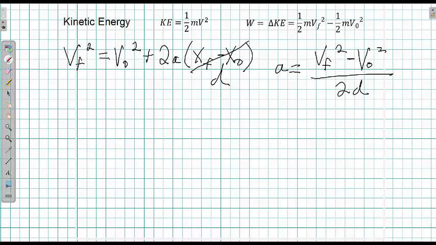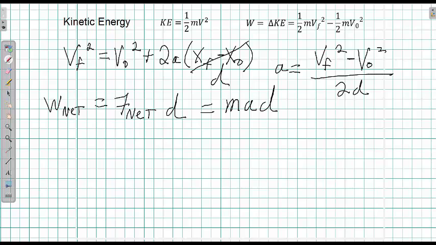Now we solved that for a reason, and we'll get to it very quickly. We're going to step back into yesterday, where we have our net work equals the net force times the distance. We can break that net force down into mass times acceleration, times our distance.